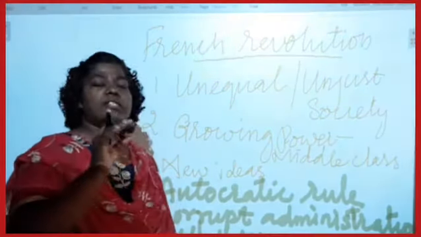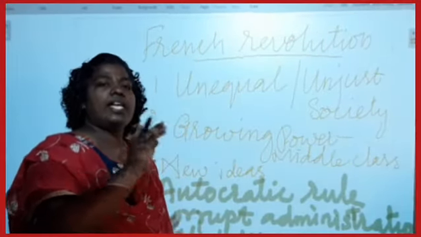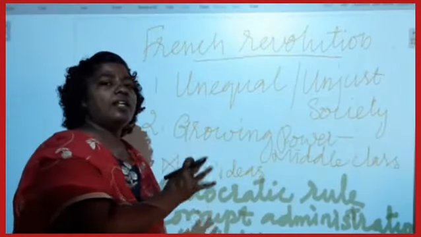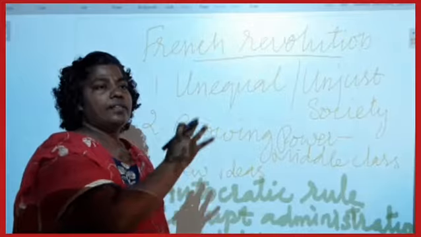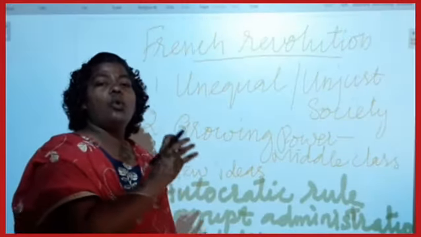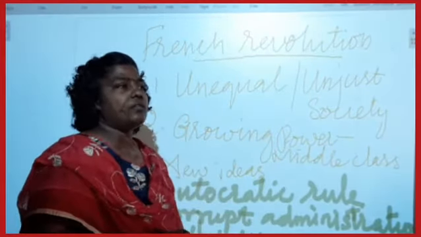In the first estate we can see the clergy. The clergymen or the priests come under the first estate. And in the second estate, the rulers and the nobles came under the second estate.